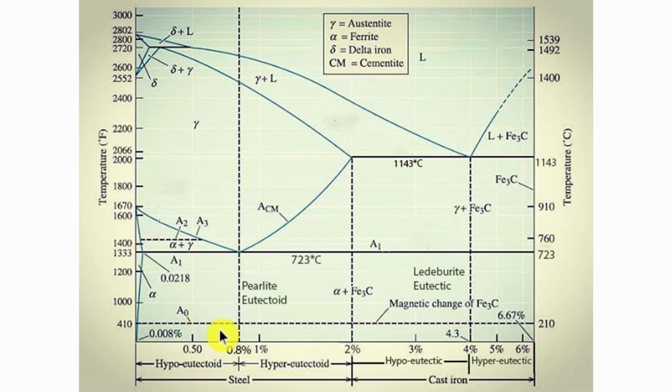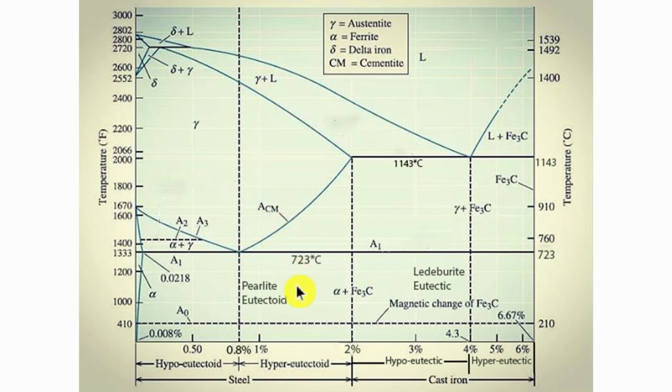Now if we take 0.8% carbon steel from liquid state, it will cool down, it will come to austenite and liquid, then austenite. If we take 1.2% carbon steel, it will cool down from liquid to austenite and liquid and then austenite.